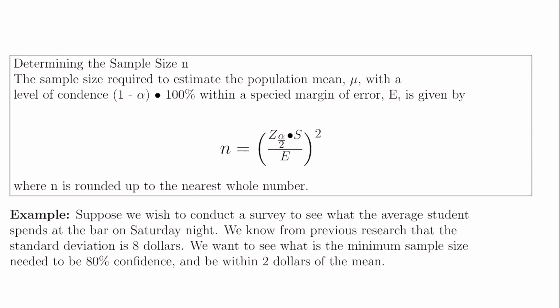So in this case, since we're trying to find what n is, the T distribution wouldn't really work out, because the T distribution relies on knowing the sample size. If I'm trying to find the sample size, you don't want to use the T distribution. That's why we substitute the T distribution with the Z distribution. Any questions in regard to the formula before we move on?